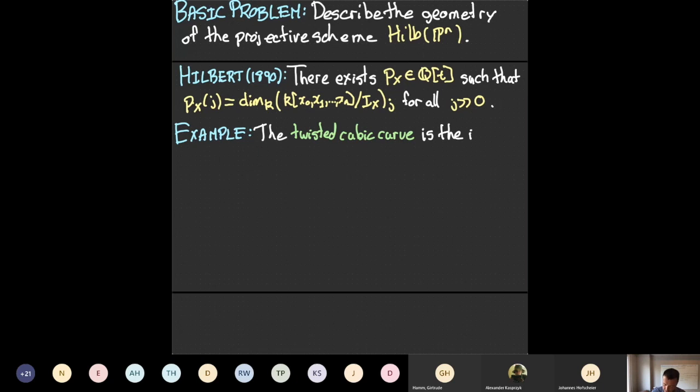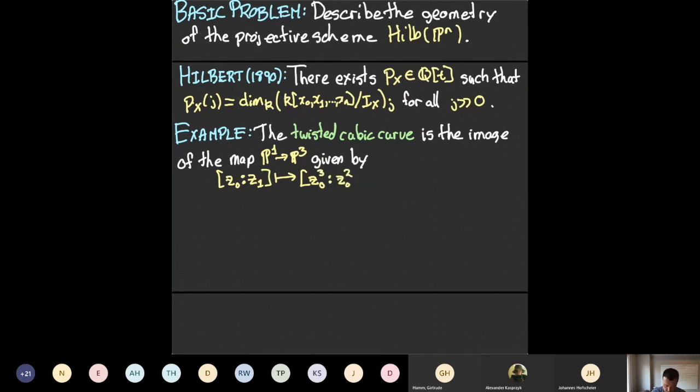It's the image of the map from P1 into P3, given explicitly by taking a point in our projective line, so that's a ratio of numbers, and mapping it to the monomials of degree 3 in these two variables.